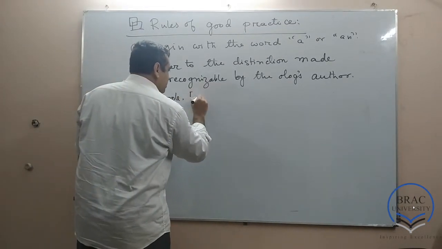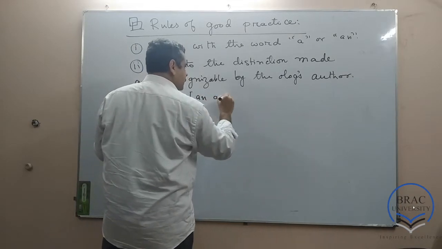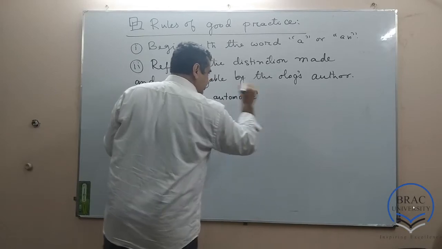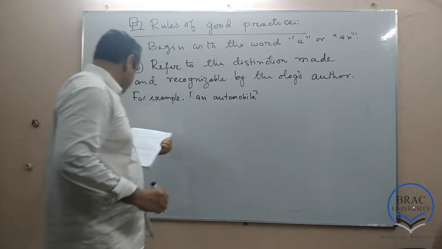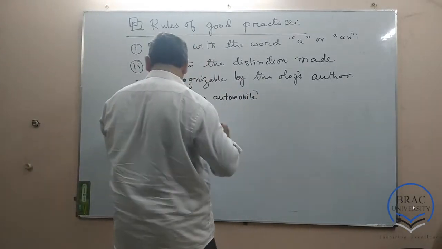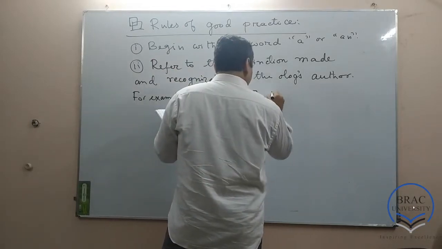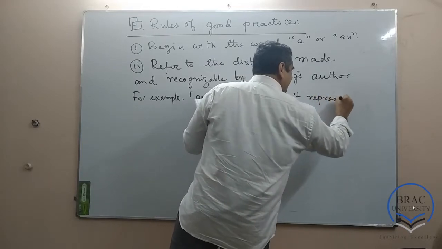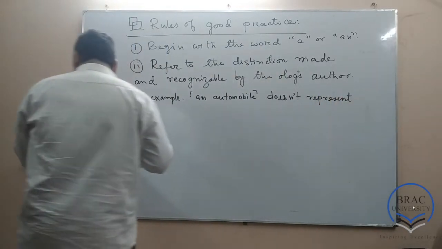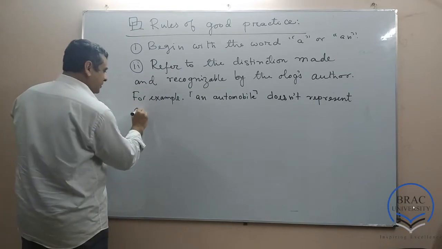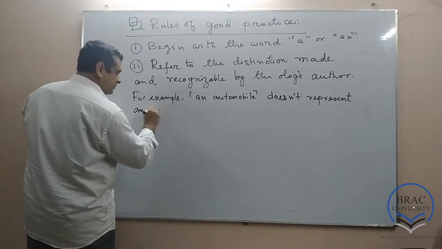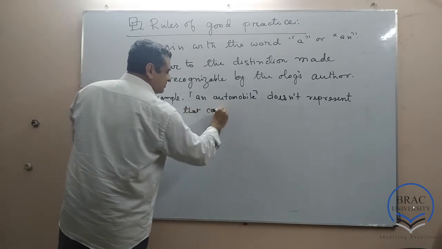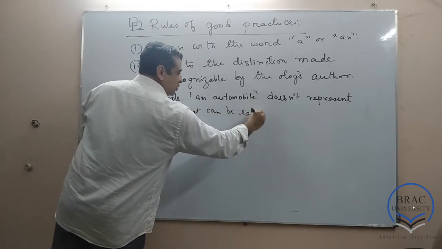An automobile, which is a type, does not represent anything that can be eaten. Right?